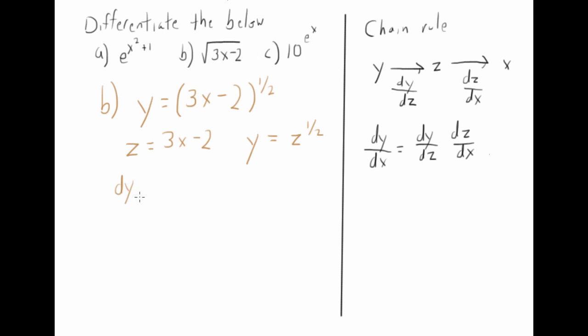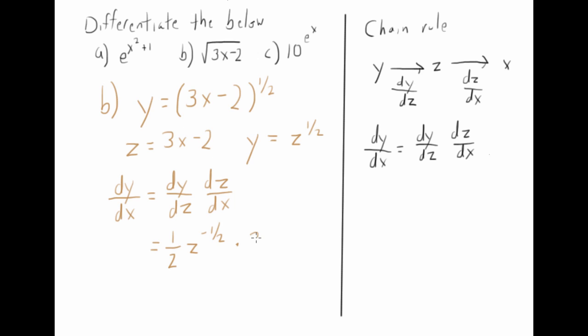So we need dy/dx equals dy/dz times dz/dx. So I look at my derivatives. dy/dz, the derivative here, that's just using the power rule: 1/2 z to the negative 1/2 times dz/dx. What's the derivative here?